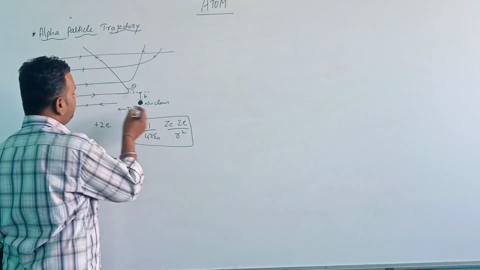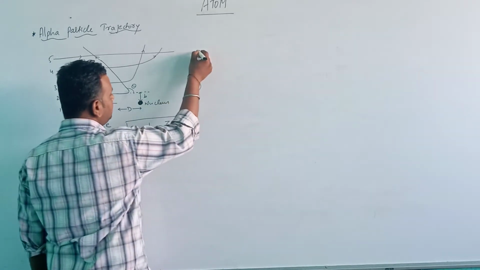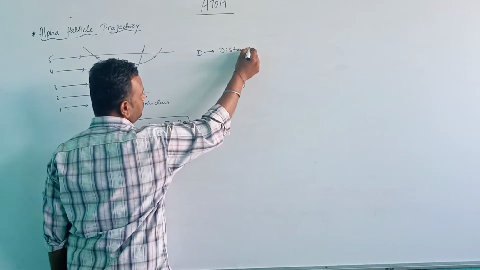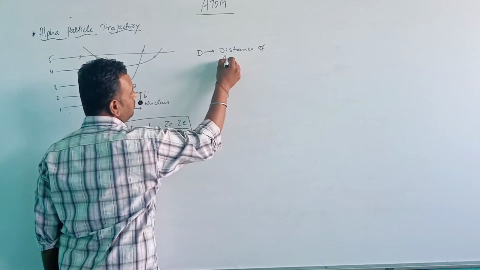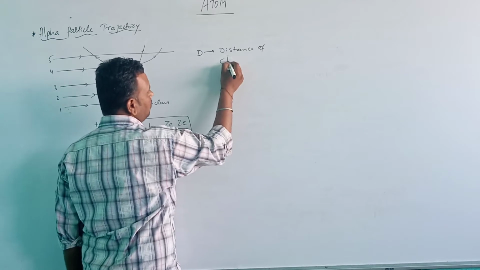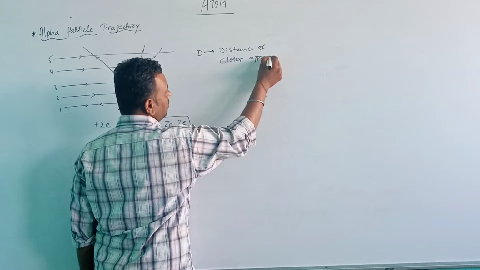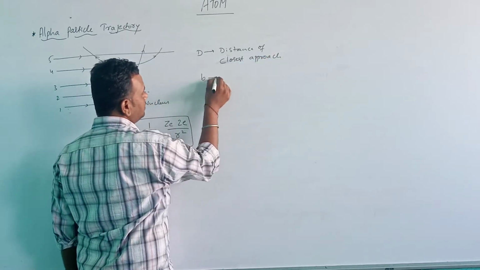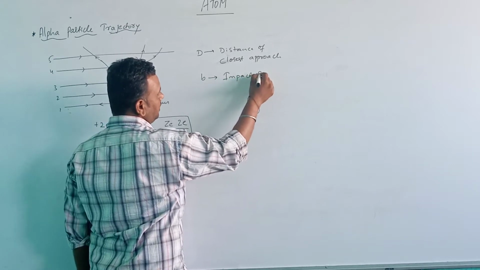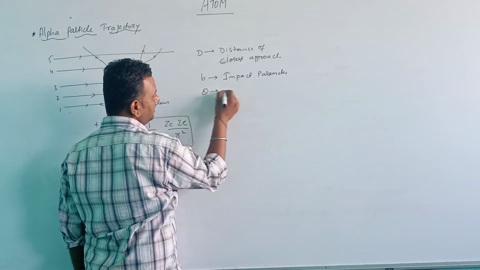Now, as I am writing here, d means the distance of closest approach, b is the impact parameter, and theta is the scattering angle.